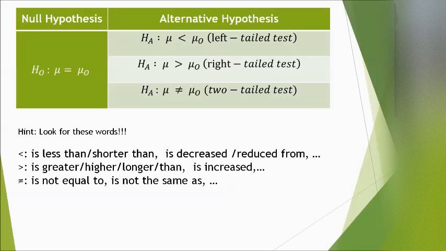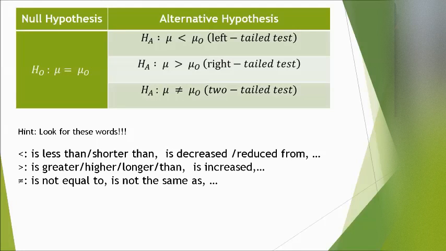It means you will use the left tail test, or any other synonyms. Next, the greater than sign, so right tail. You're going to look for these words: greater than, higher than, longer, increase. You can look for other synonyms as well. Next, is not equal to, is not the same as. That is for the two-tailed test.